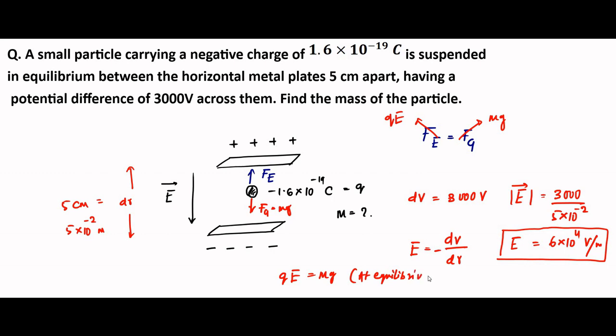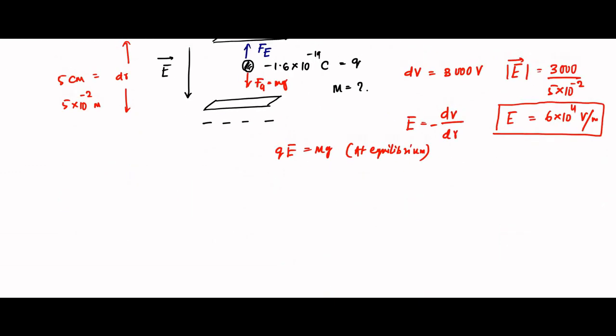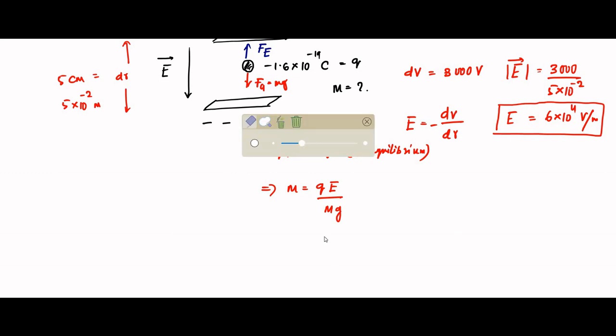That implies the mass is equal to QE by g. Sorry, the m will not be there in the denominator, QE by g only.